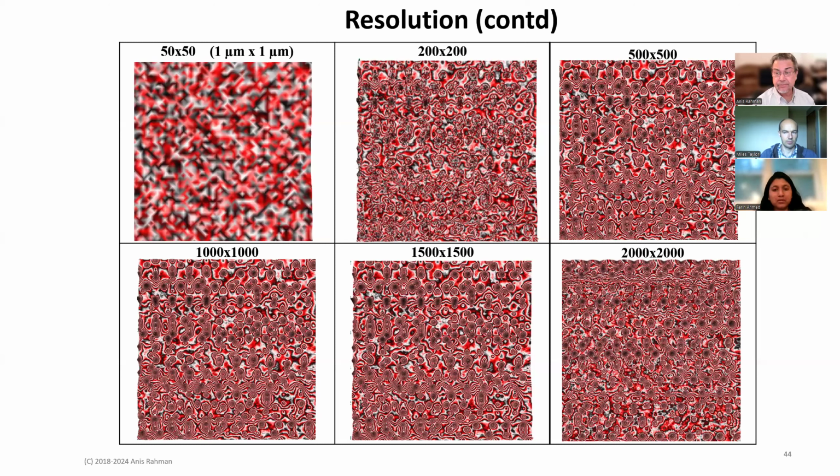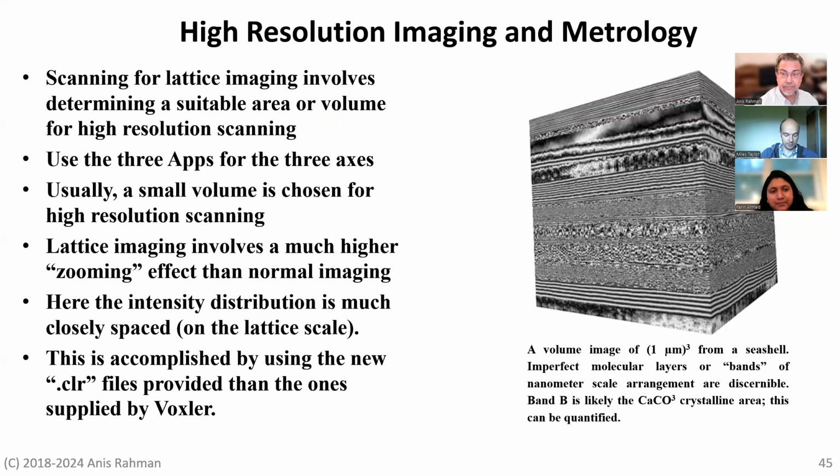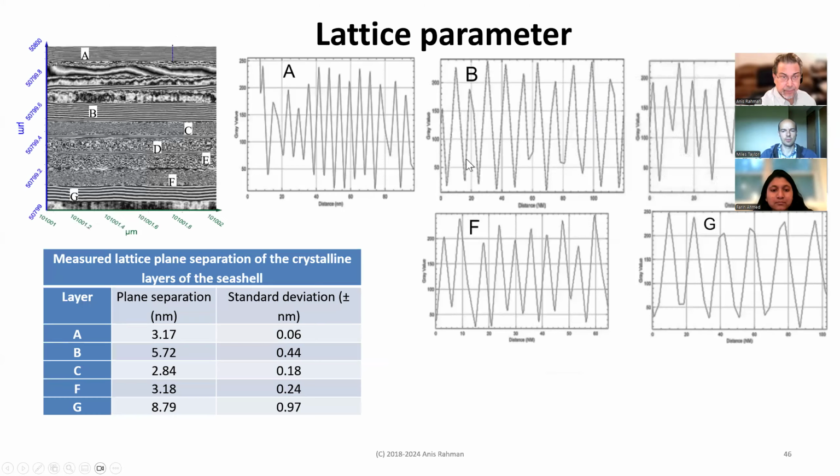A lot of times, if you are measuring a macro item, then we probably don't need that much resolution. For example, here, this is only 1 micron by 1 micron by 1 micron, but this required a lot of calculation. And this is a seashell structure, where we can use one side of that image to calculate the lattice spacing of where the crystalline areas are.